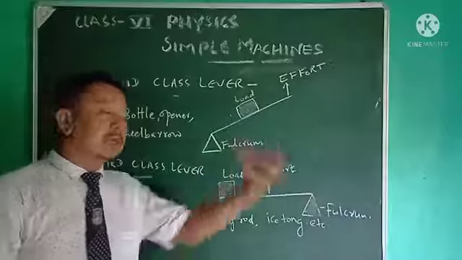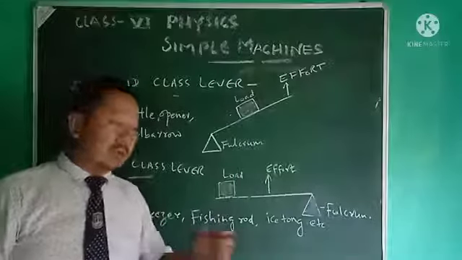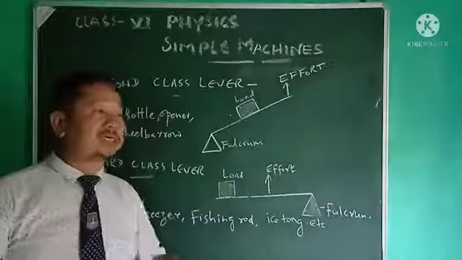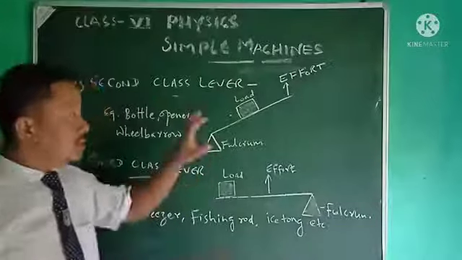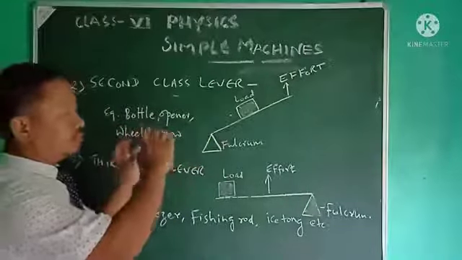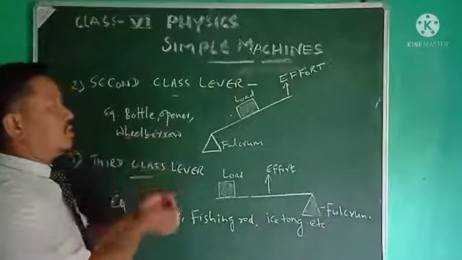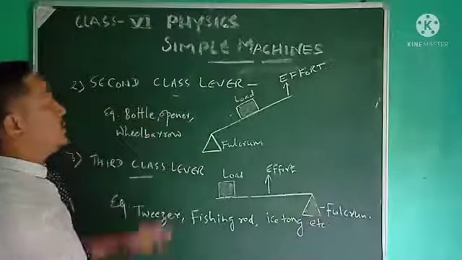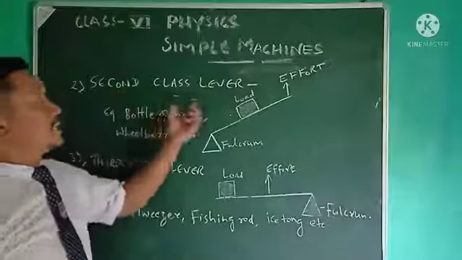And at the other end you find the wheel on which it moves further. So the wheelbarrow is a very useful and common example of the second class lever.